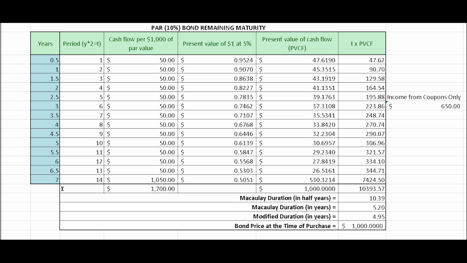Say, for example, you no longer want to keep the bond for the remainder of its maturity. If it fully matures in 11 years, then you would sell the bond at $903. So instead of receiving this, you would receive $903.